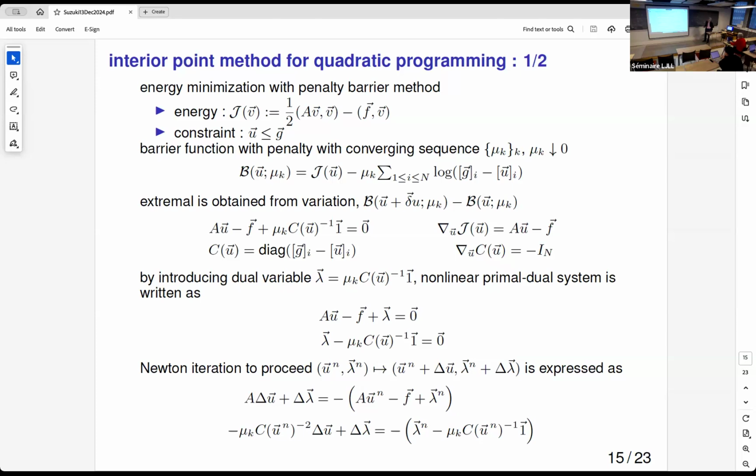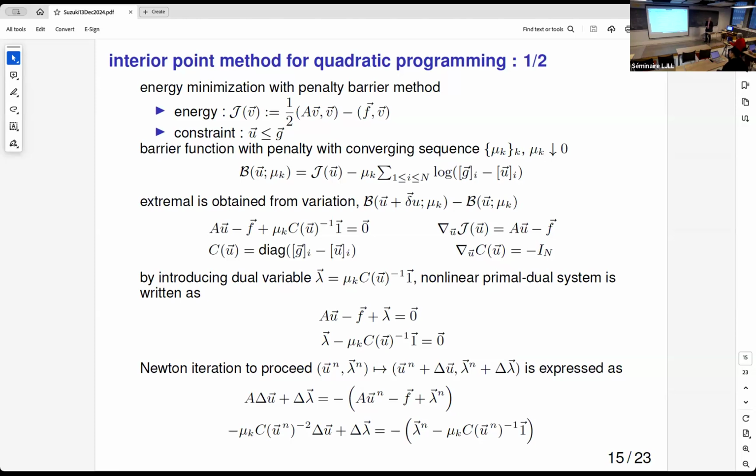So this one is the extremal, and I have the point of the Newton iteration to do that. To solve the system, I have to solve this equation, but first I need to introduce this nonlinear system. A better way is to introduce a dual variable lambda. So this system is written in 2 lines: AU minus F plus lambda. This is a linear system, and this constraint is 1 over U. That is the nonlinear part, and this should be solved by Newton iteration. So this is a completely unconstrained problem, so easy to implement.